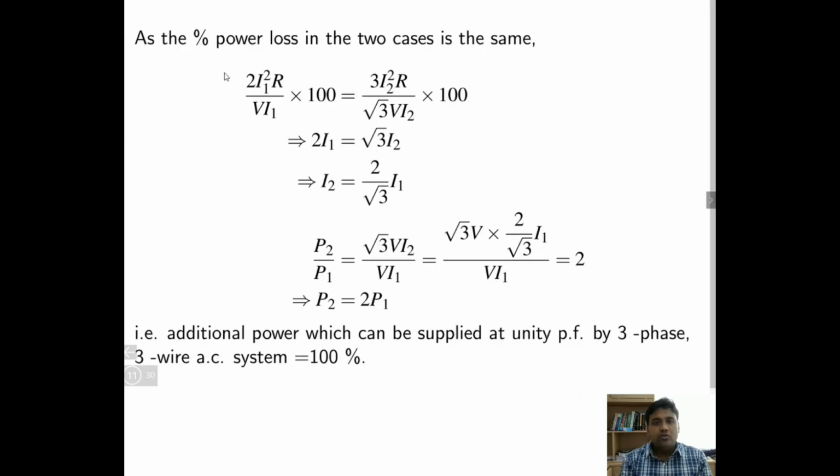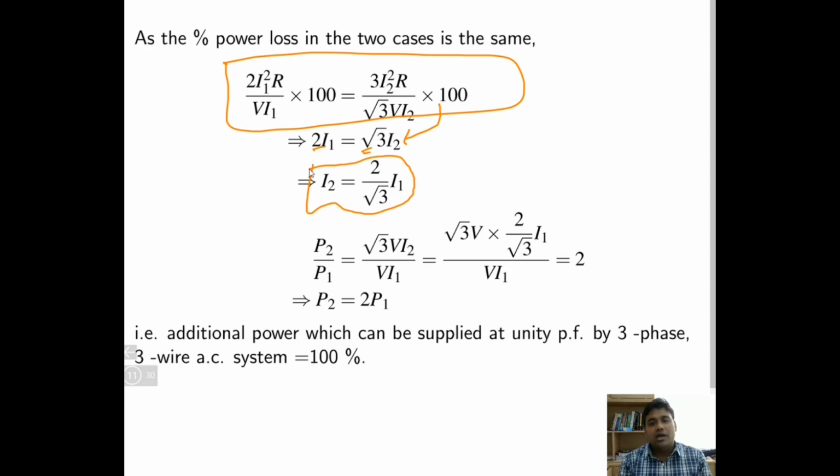Now we can equate the percentage power loss, because it has been told that the same loss is taking place in both cases. After solving this, we find a relationship between I1 and I2. So 2I1 is equal to root 3 I2, where we can find I2 is equal to 2 by root 3 times I1.